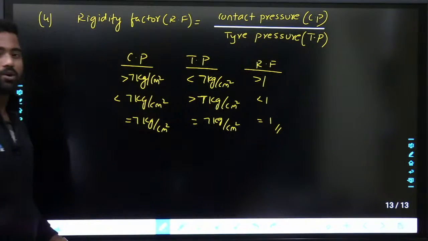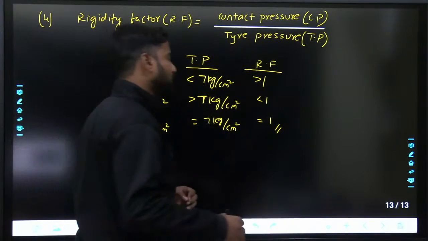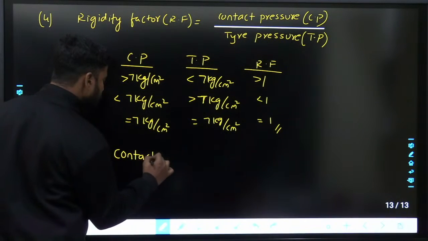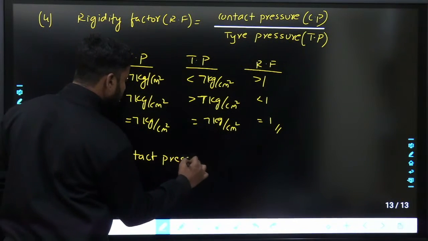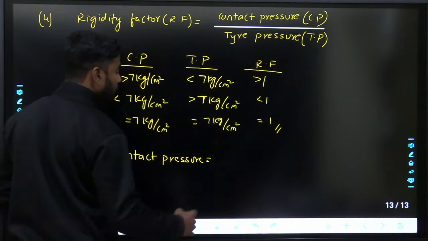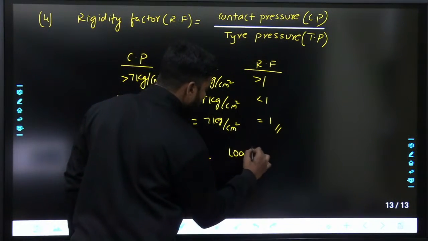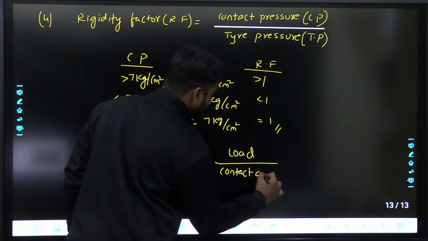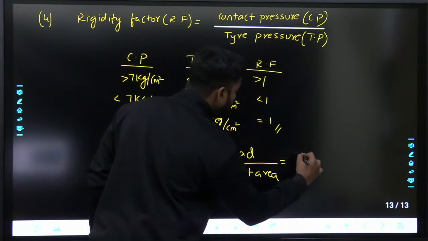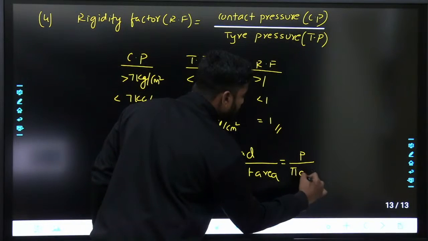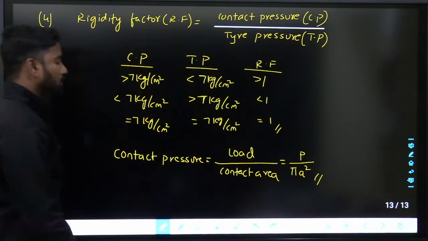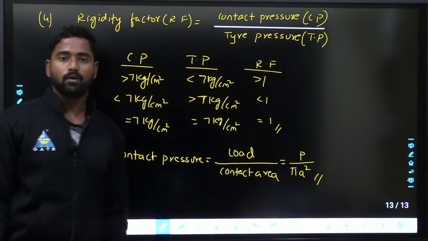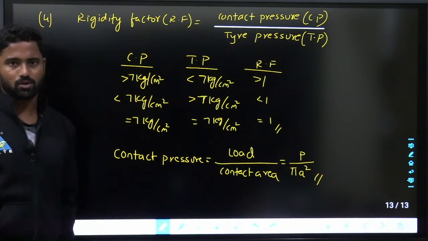Sir, what is contact pressure? Contact pressure is generally equal to load upon contact area, P upon pi a square. Generally this is what you will be seeing.